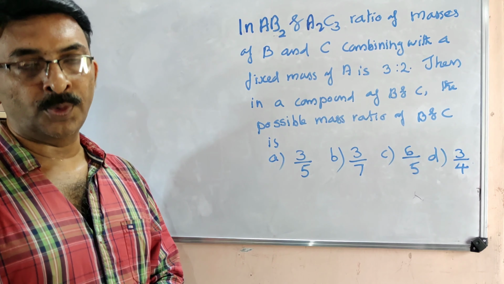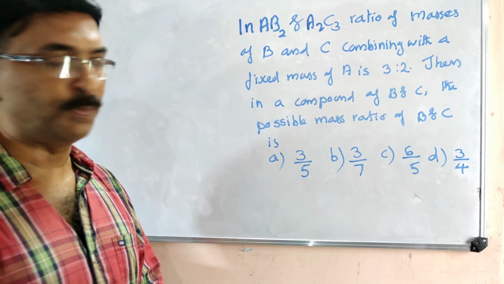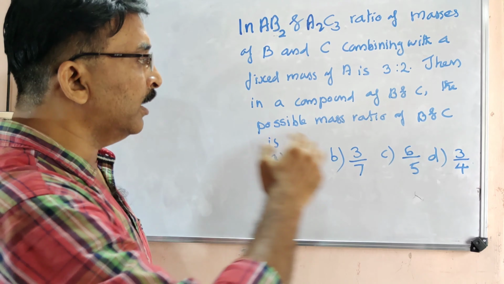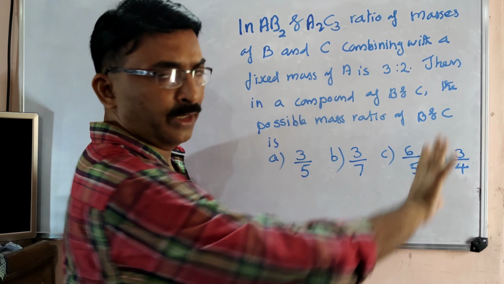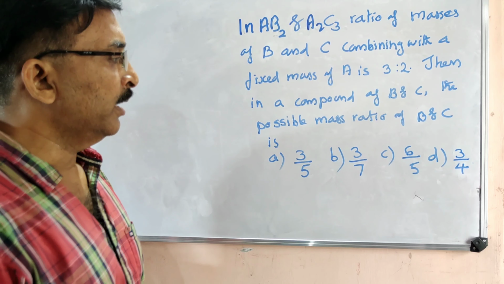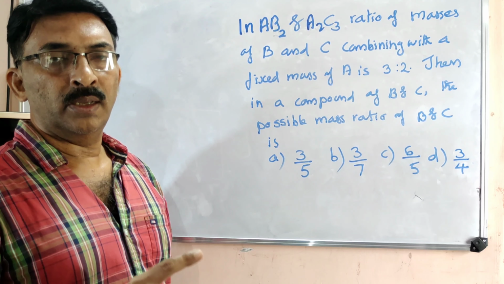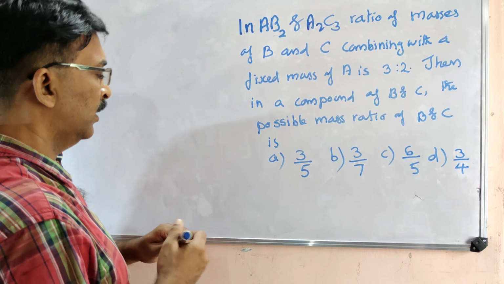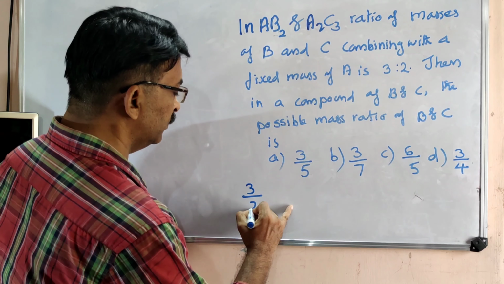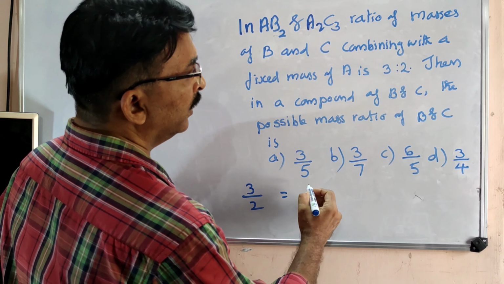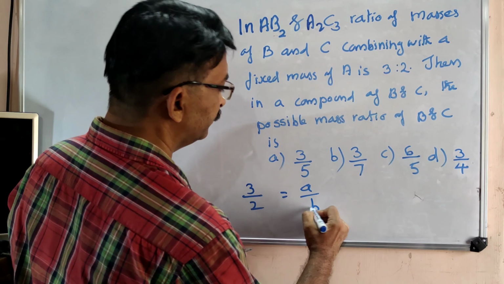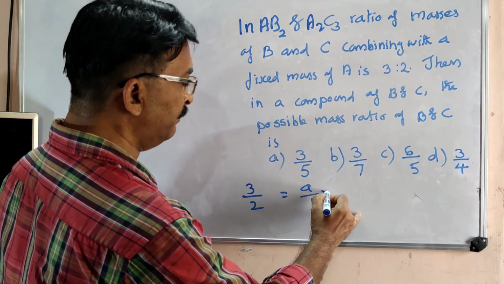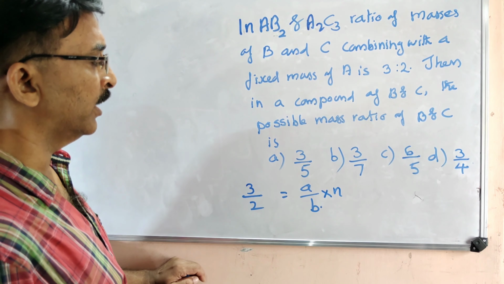As per the law of reciprocal proportion, the ratio 3:2 and the real mass ratio in the third compound of B and C will be related by a whole number. Multiplying one with n gives you the other.